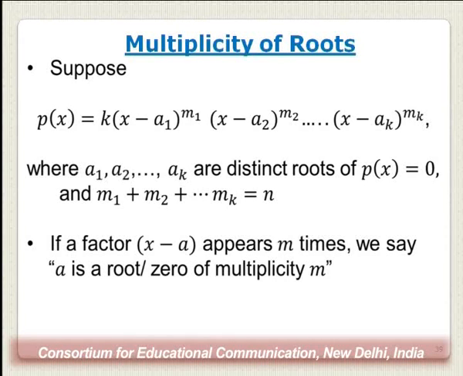Now, here our factors are x minus a1 which appears m1 times, x minus a2 which appears m2 times, and x minus ak which occurs mk times.